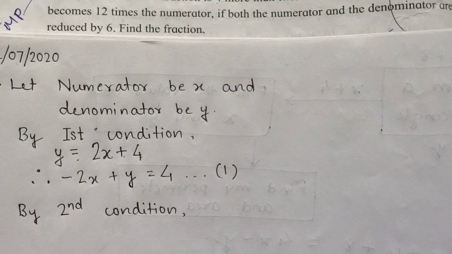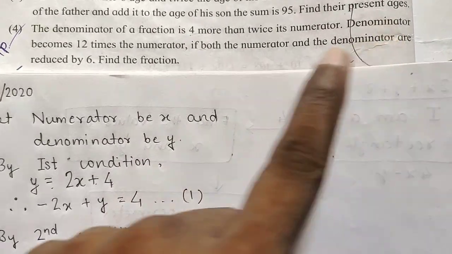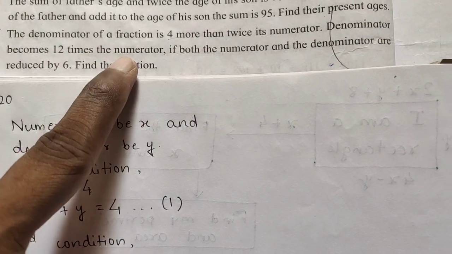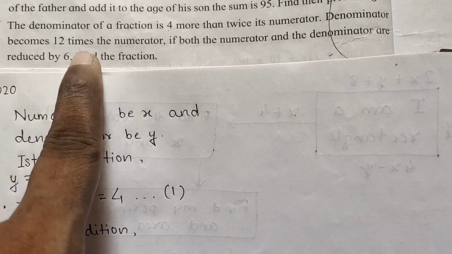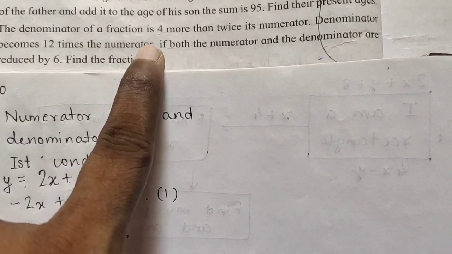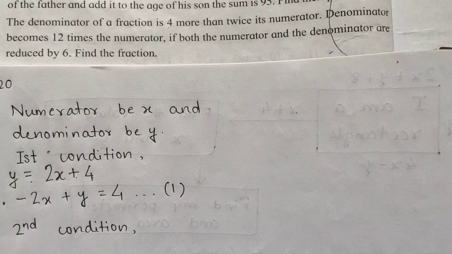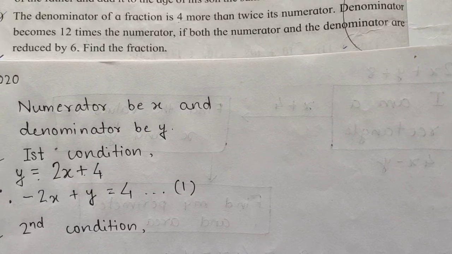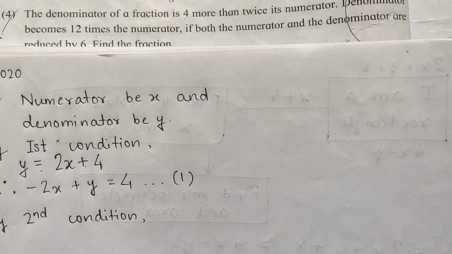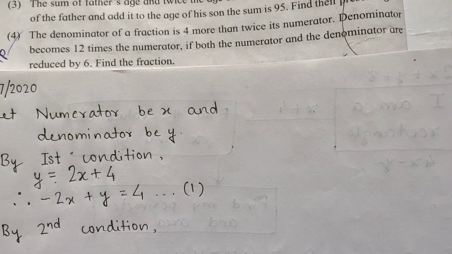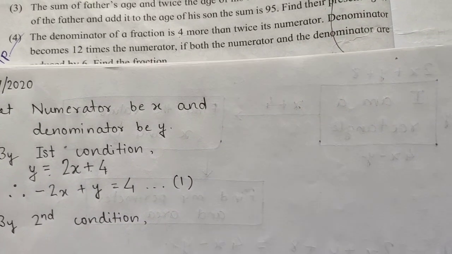Okay, clear with this? Now see the second line of the question. Denominator becomes 12 times numerator. Means denominator is equal to 12 times numerator. But when? If both numerator as well as denominator are reduced by 6. That means you have to reduce both numerator as well as denominator by 6, and at that condition you are getting denominator 12 times numerator.